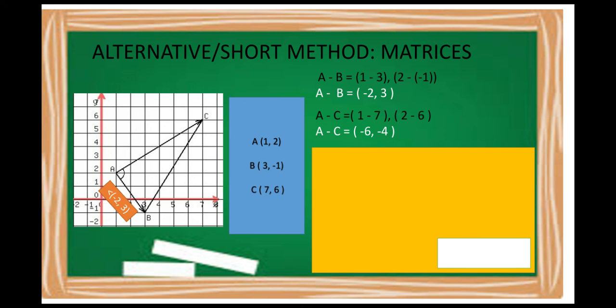And the y component of point A is 2, and the y component of point C is 6. To subtract, we have 1 minus 7 is negative 6, and then comma 2 minus 6 is negative 4. So you have negative 6 comma negative 4 as your vector of points A and C.